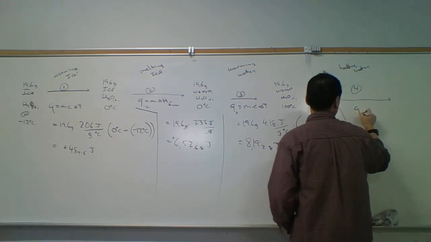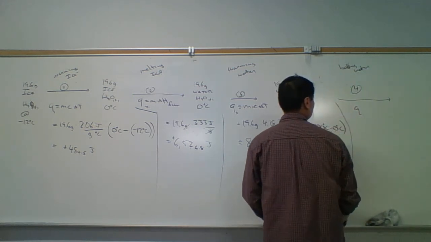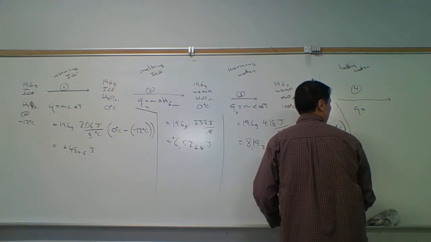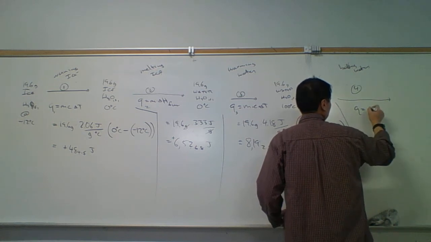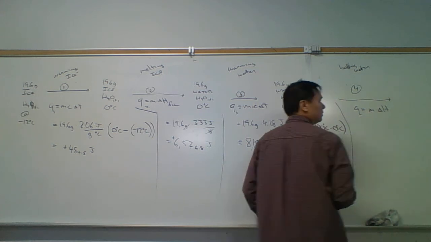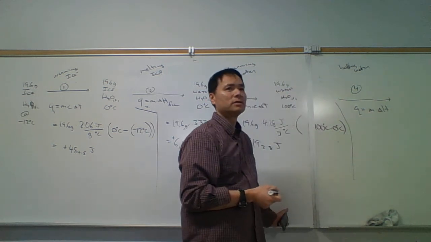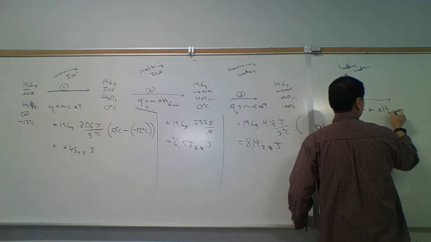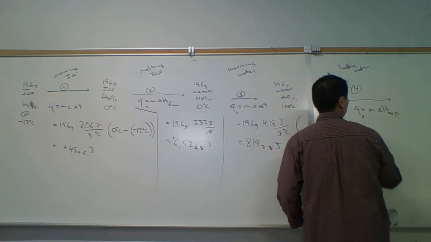And what's the equation for boiling water? Q is equal to MC delta T, or Q is equal to M delta H? And delta H. Now, what delta H do I use? Fusion, freezing, vaporization, or condensation? Vaporization. We need delta H vaporization for water. It's going to be Q4.